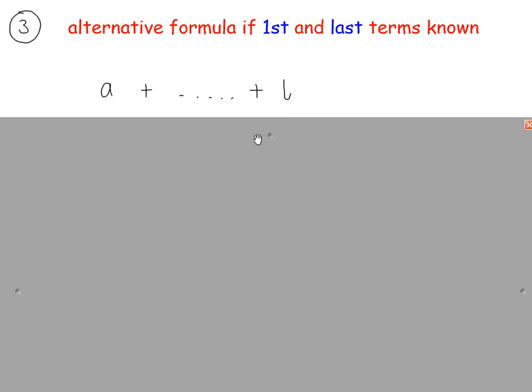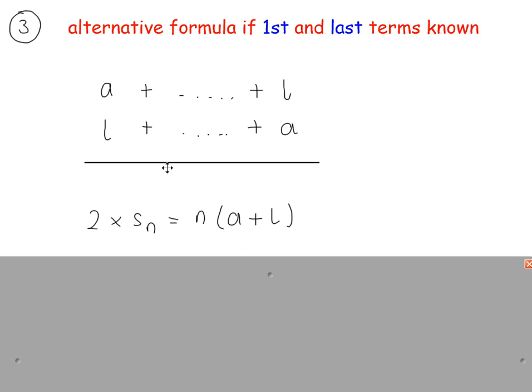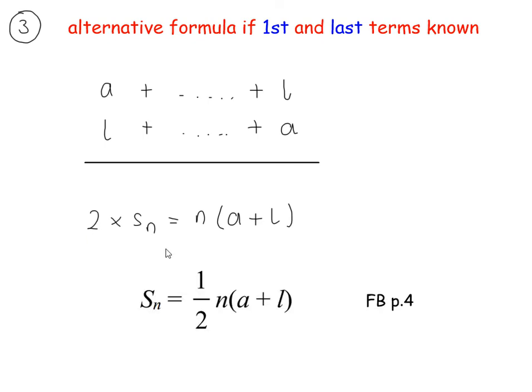You reverse the series, and again when you add these together in pairs, it's a plus L. But there are n lots of these, so times n, but then you've added your series twice. So then you divide by 2, and here is another convenient formula. Again, it's in the formula book, you don't need to memorize this, but you must know the first and last term to use this formula.